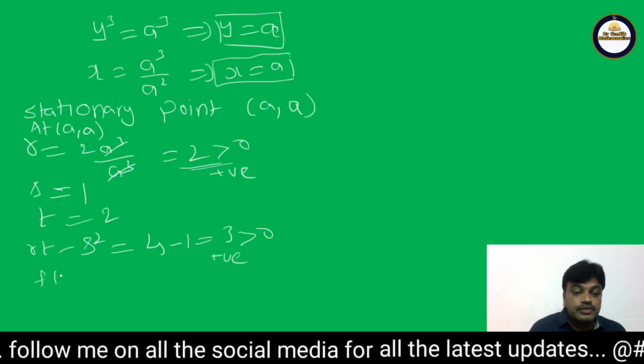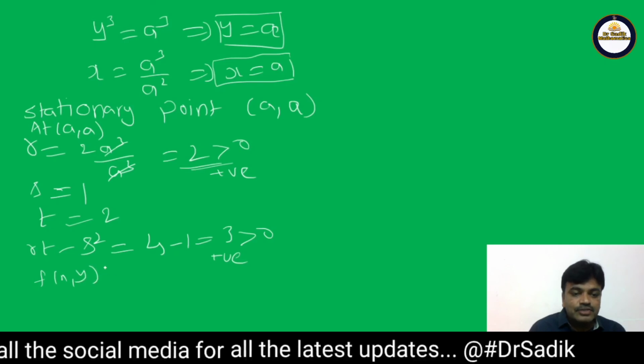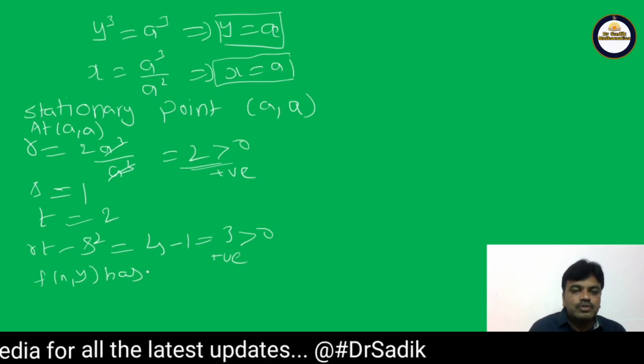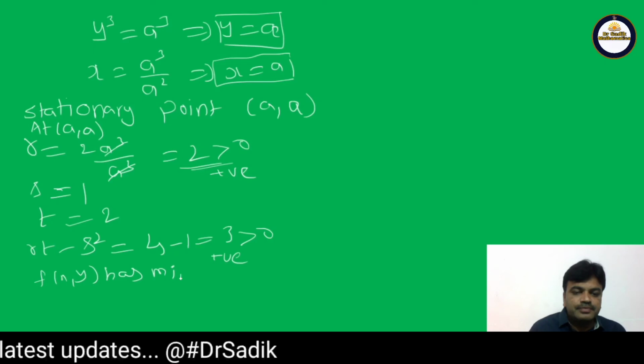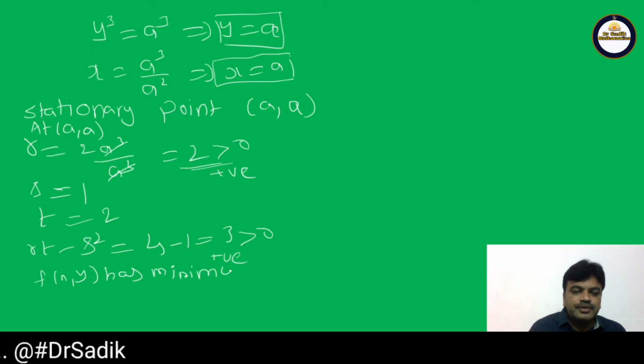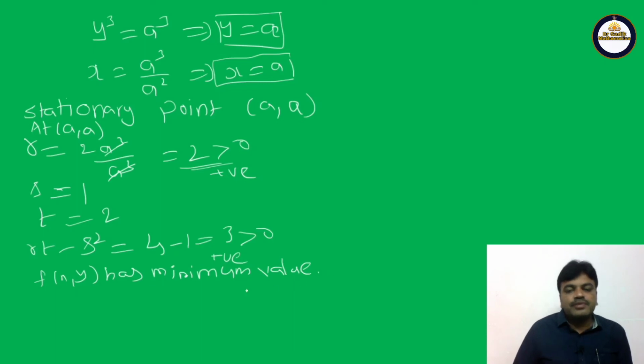So, f(x, y) has 2 positives, so f(x, y) has a minimum value, and the minimum value is f(a, a).